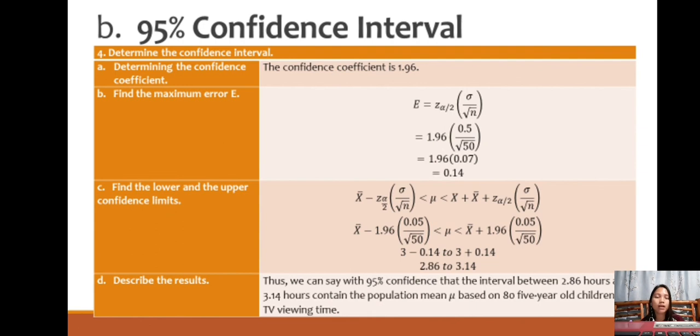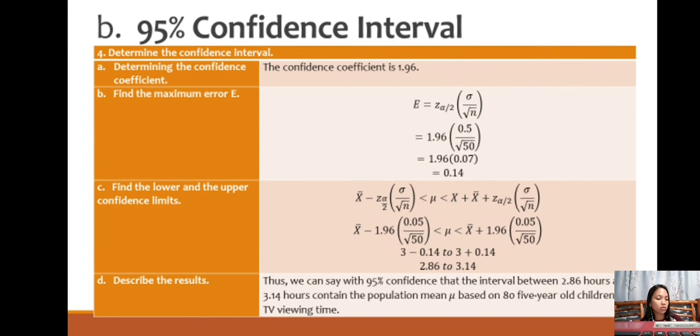At 95% confidence interval, we all know that the coefficient is 1.96. Now we need to find the error. You can follow, use your calculator. We have z sub alpha over 2, which is 1.96, times sigma, the standard deviation for the population, which is 0.5, divided by the square root of n, which is 50.